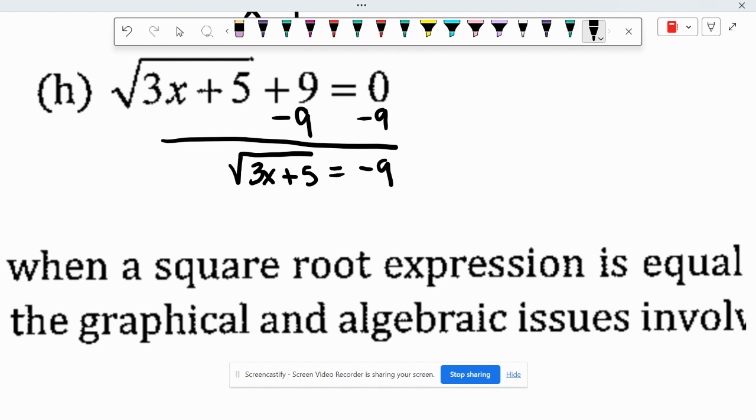We didn't draw the square root, it was already there. The square root symbol was already there. There's no plus or minus out in front of that radical. Is it possible for 3x plus 5 to equal negative 9? No, it's not. There's no real solution for that. We're not doing a quadratic. There's no real solution for this, okay? So this has no real solution, okay?